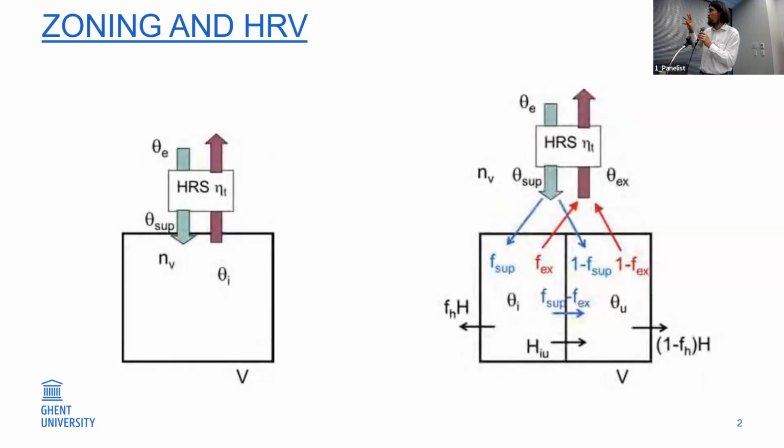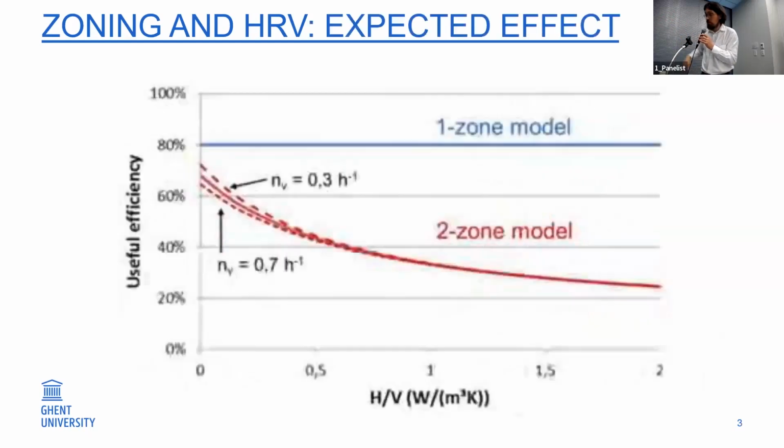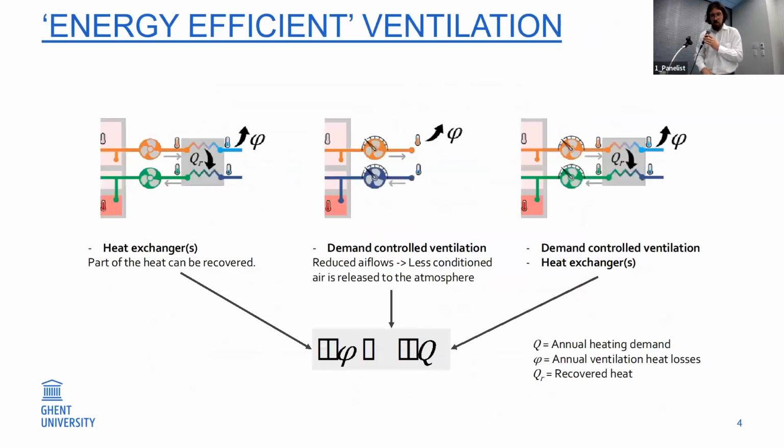So this reduces the usable effect of the heat recovery, and this reduction, as also described in this paper, can be modeled as a function of the ventilation rate and the losses through the envelope. So this was the starting point.